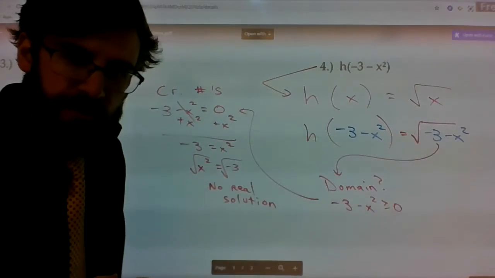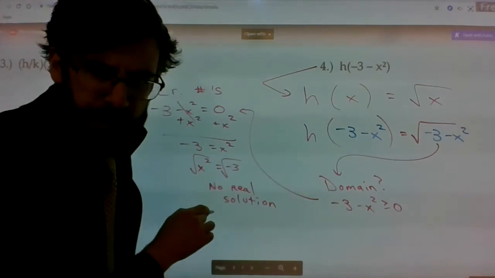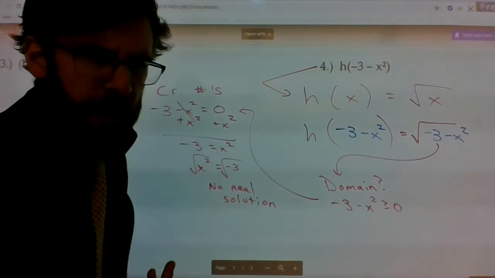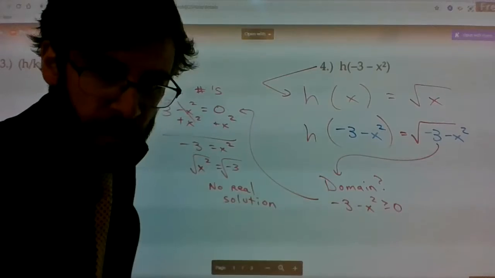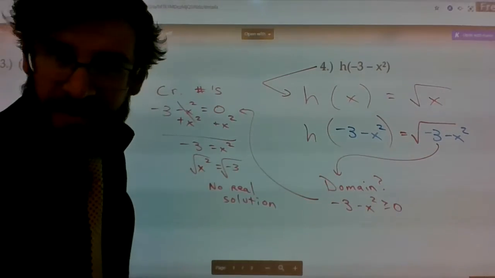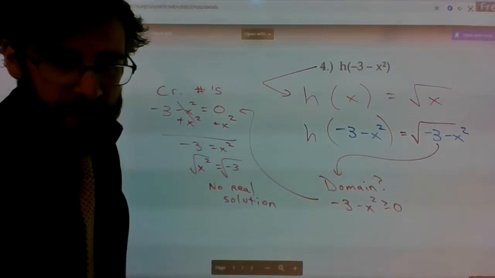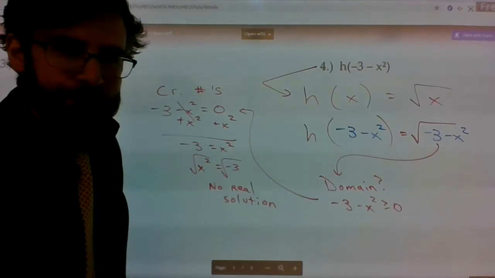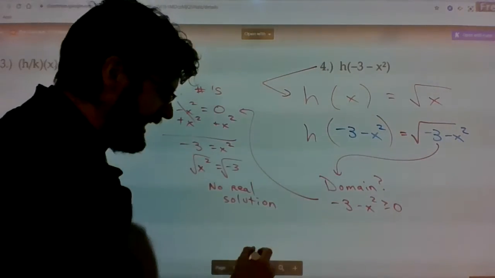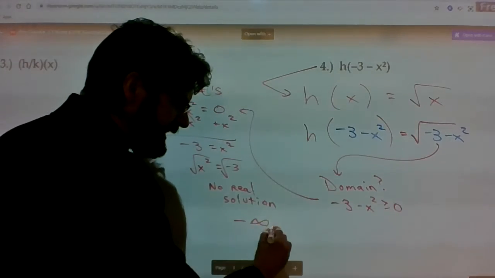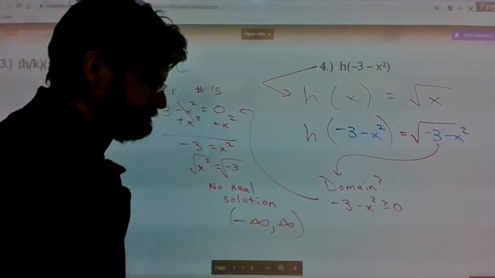Before it was all reals when you said no real solution. It's not like I'm trying to determine where the bottom can be 0. I'm just trying to figure out what the critical numbers are. It doesn't seem like there's any critical numbers. So here's what I can do. If there's no critical numbers, then you're literally just testing negative infinity to infinity.